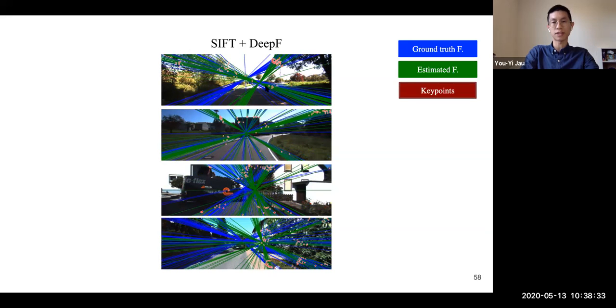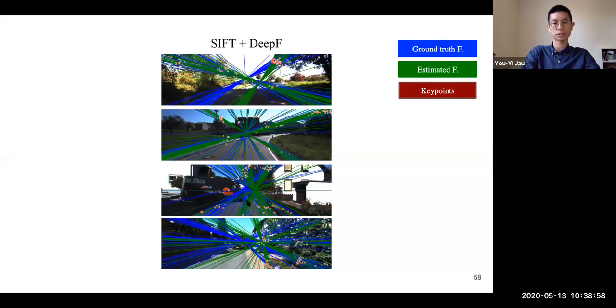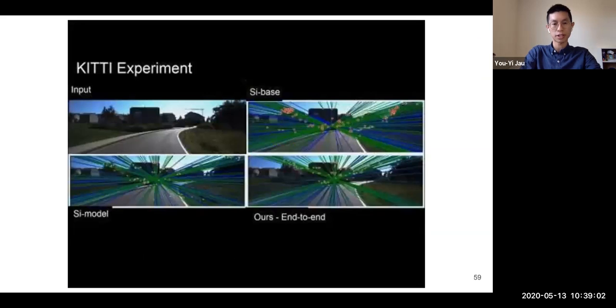The estimated epipolar lines are off, and these keypoints collapse into regions. And for our method, using end-to-end training, we can make the keypoints better distributed over the scene, which leads to more stable estimation. This is our result and the baseline results. Okay, let's look at the demo video.